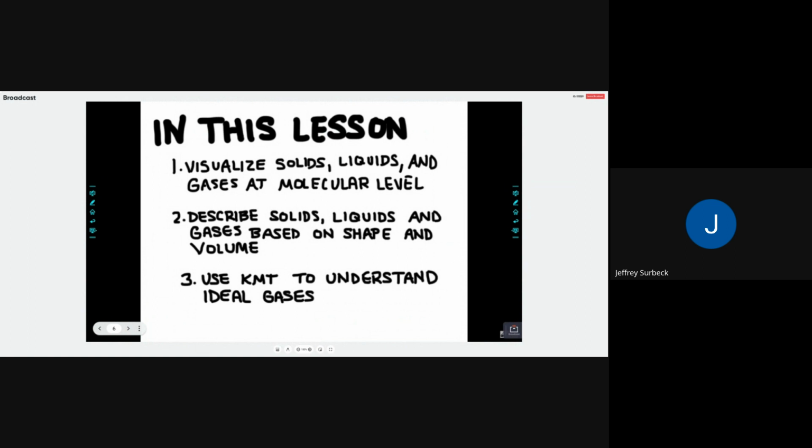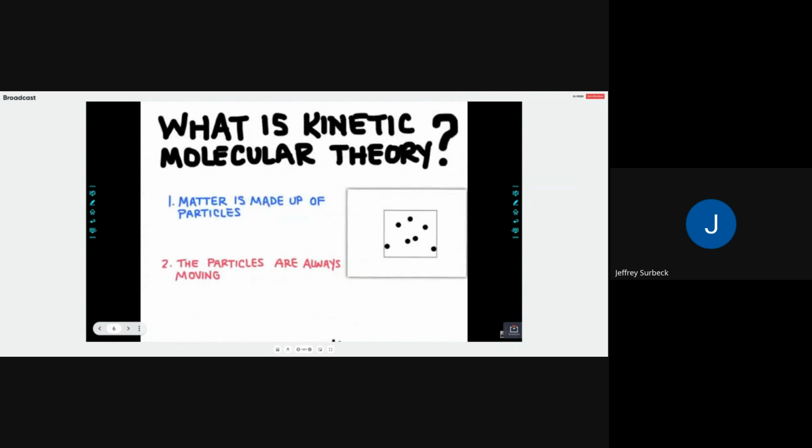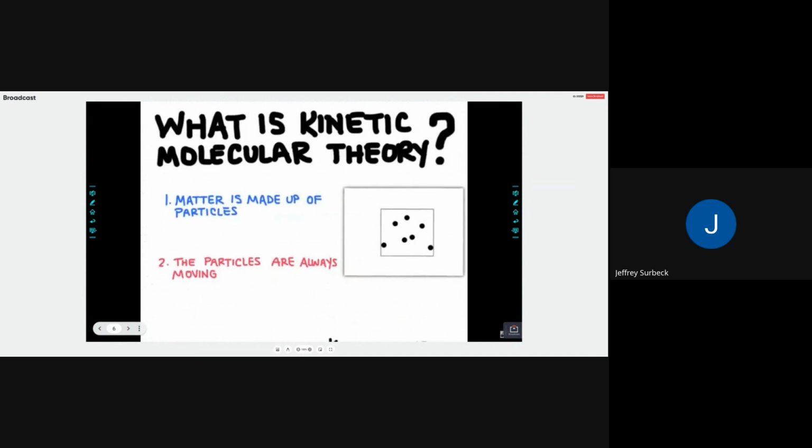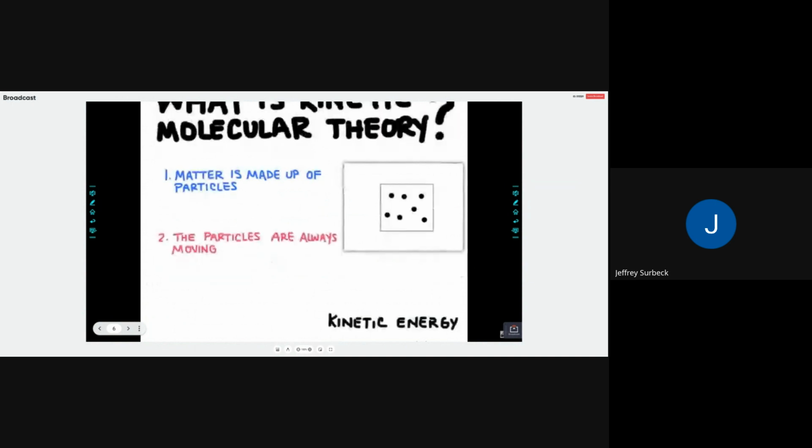So let's begin with a definition of kinetic molecular theory. It really has 2 parts to it. The first part says matter is made up of particles, and then the second part says the particles are always moving. Now this goes for all matter. This little animation here would be what a gas looks like. The molecules or particles are spread out and they're moving pretty rapidly. Now this theory is going to describe the amount of kinetic energy that these particles possess.